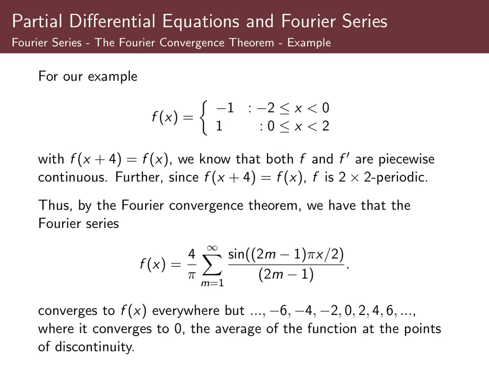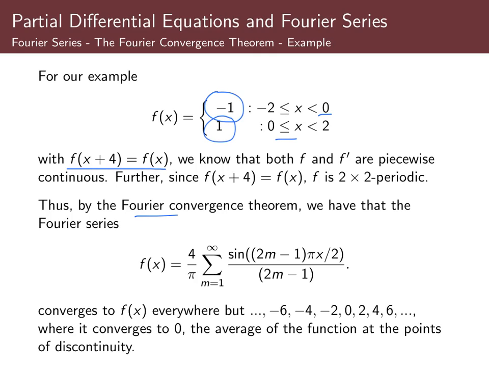Okay, so for our example, we have f, which is negative 1 for x greater than or equal to negative 2 and less than 0, and 1 where x is greater than or equal to 0 and less than 2, with the supposition that f is 4 periodic. We know that f and f prime are piecewise continuous. It's a constant function at all but countably many points.